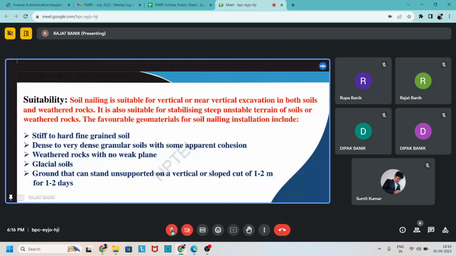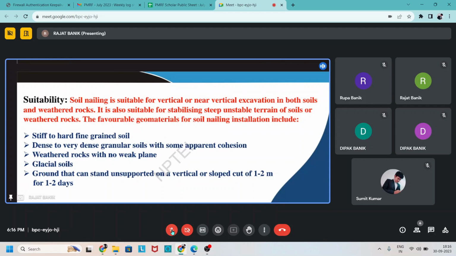In rock also we can use this soil nail. It is also suitable for stabilizing steep unstable terrain of soil or weathered rock, so it is also used to stabilize steep slopes.